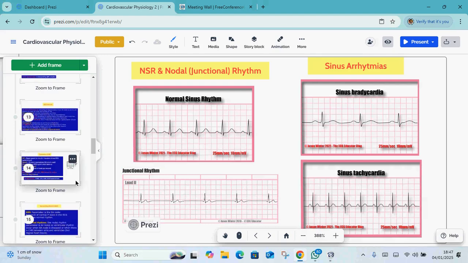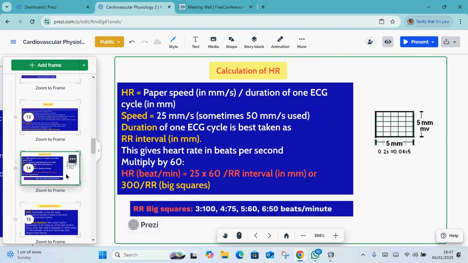But in practice we don't do it like this. In practice, instead of using millimeters, instead of using small boxes, we just use the large boxes. So instead of using this in millimeters, we use this in 5 millimeters. Why do we use 5 millimeters?